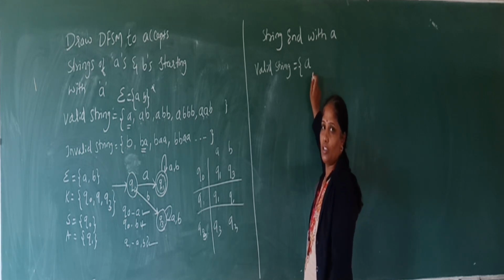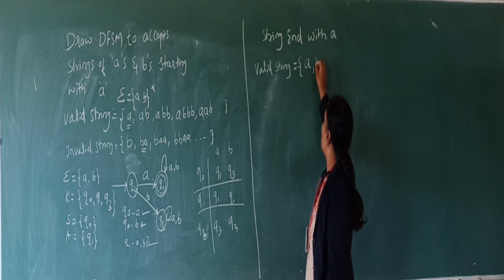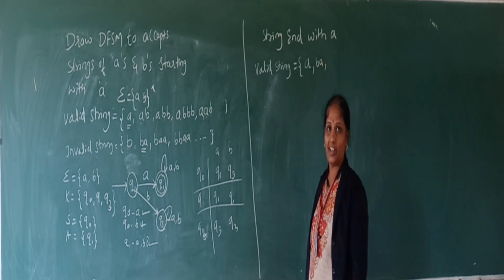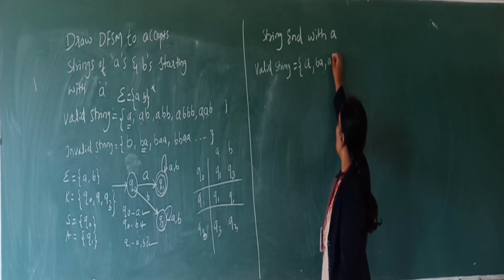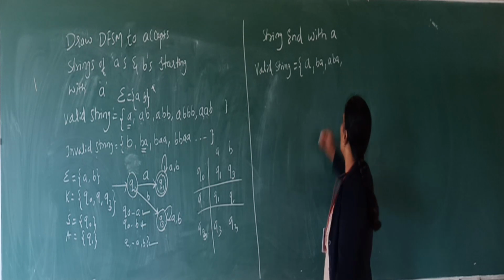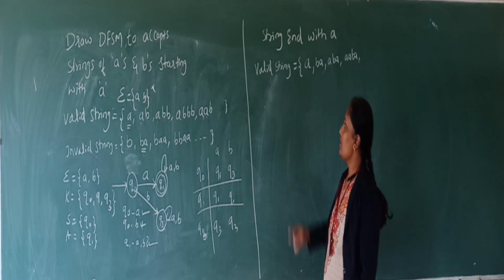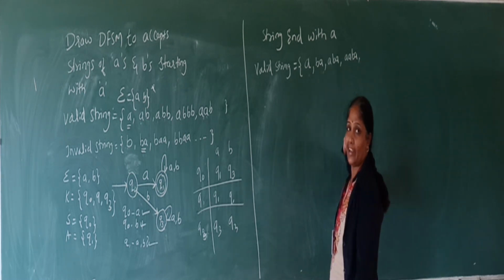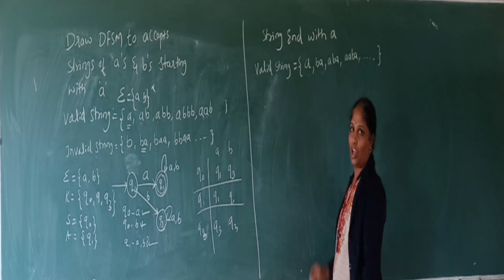So, if A comes, I am going to accept this. Next, B, A is a valid string because it is ending with A. Next, A, B, A is a valid string because it is ending with A. All these strings are ending with A, so infinite strings are there in the language.